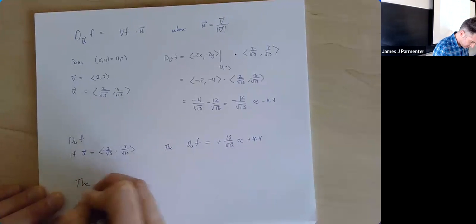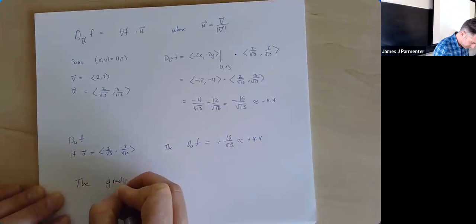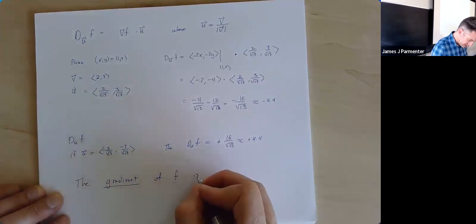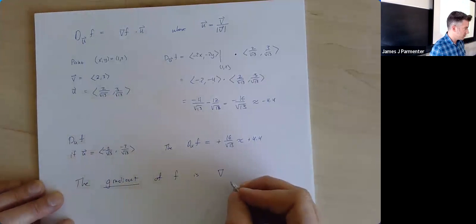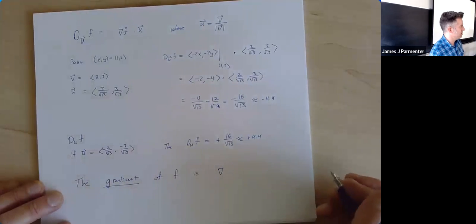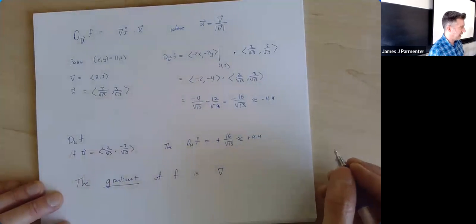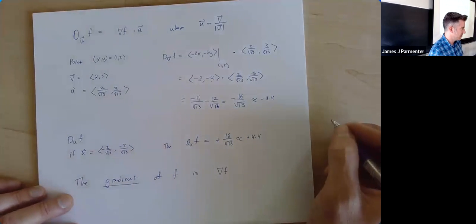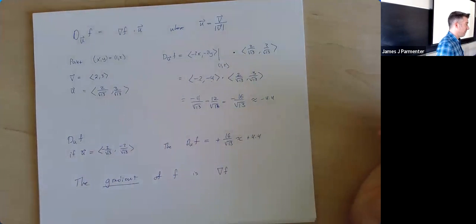So the gradient of your function f is denoted by an upside down triangle, nabla, I think that's what that's called. I don't know, I just say gradient. If someone writes this, you don't say nabla f, you say gradient of f, because that's what we're talking about.